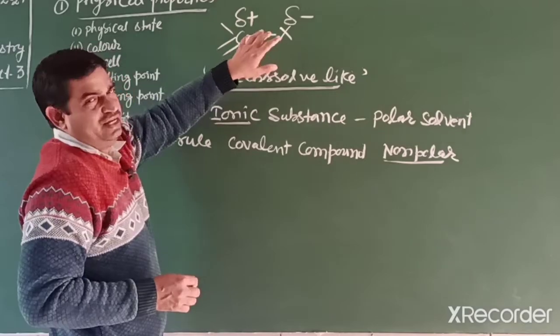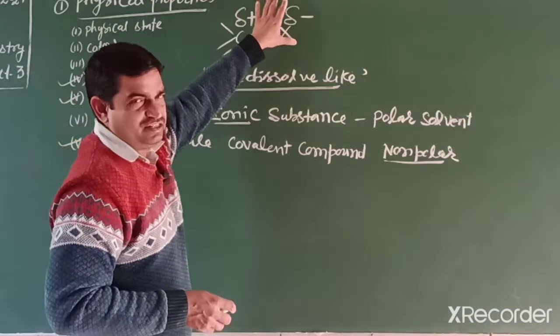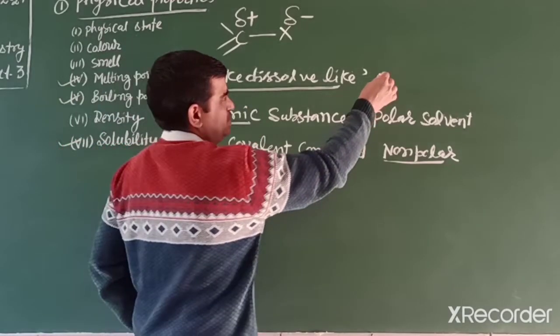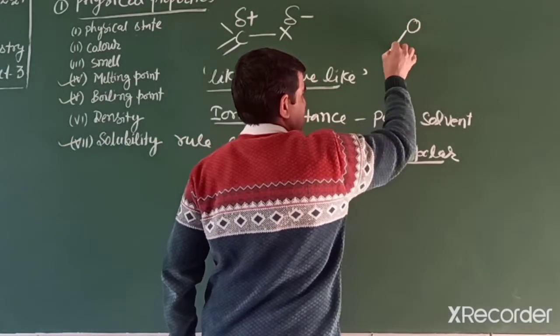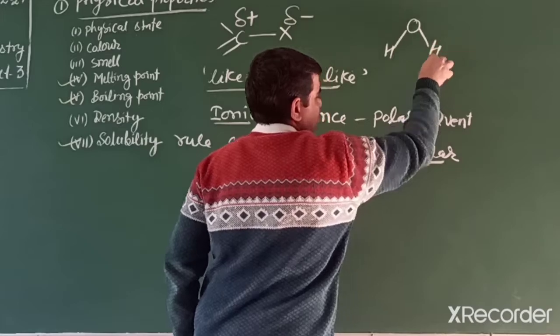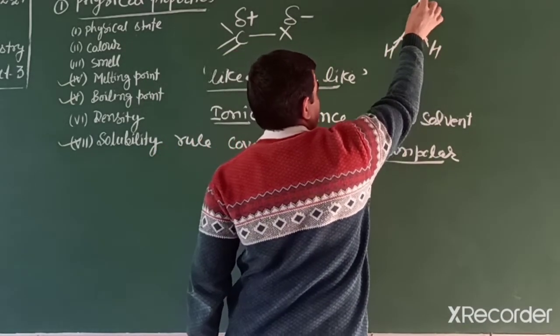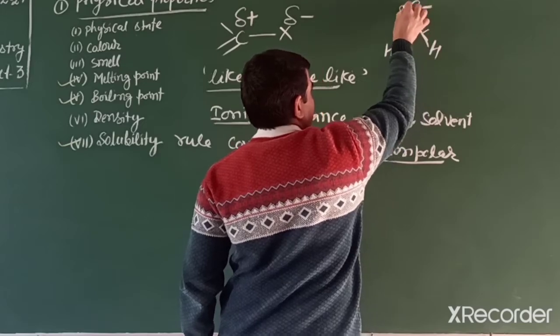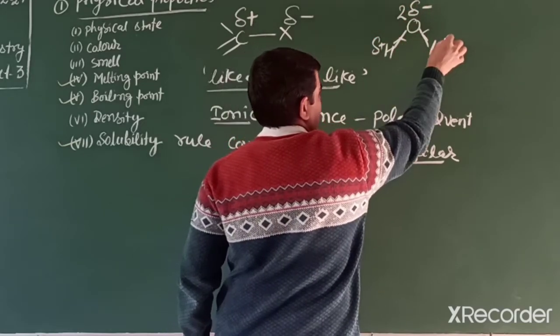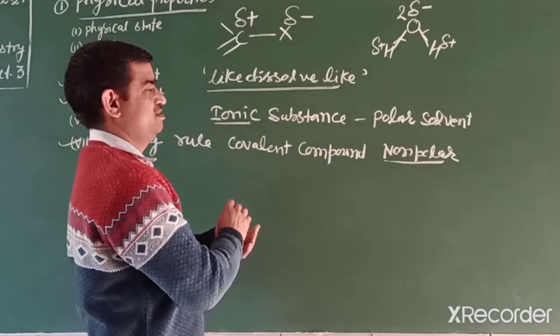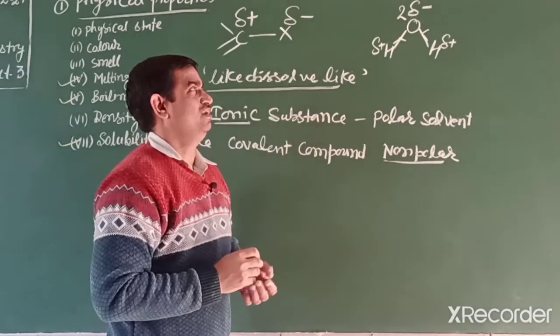When we observe the alkyl halide, it is partially polar, with partial positive and negative charge, so it should be soluble in water, because water is also polar, partially negatively and positively charged. But students, haloalkanes are less soluble in water.